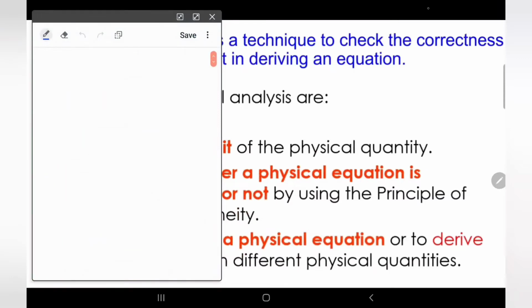Let's say I ask you to determine the SI unit of momentum. How is it? Alright, so for this, as we know, the equation of momentum is P equals mv.